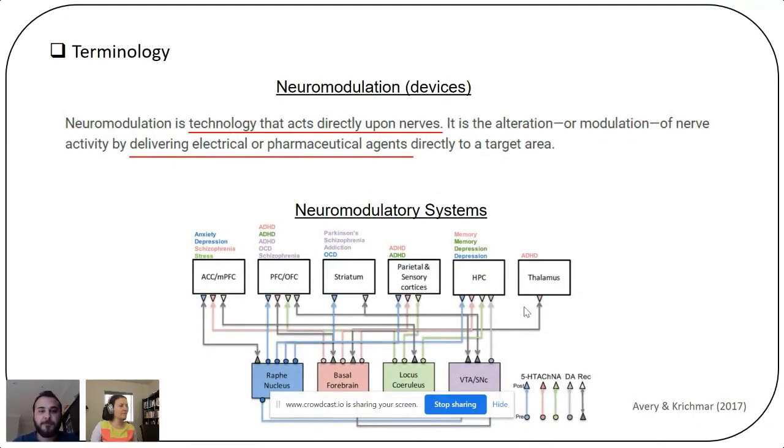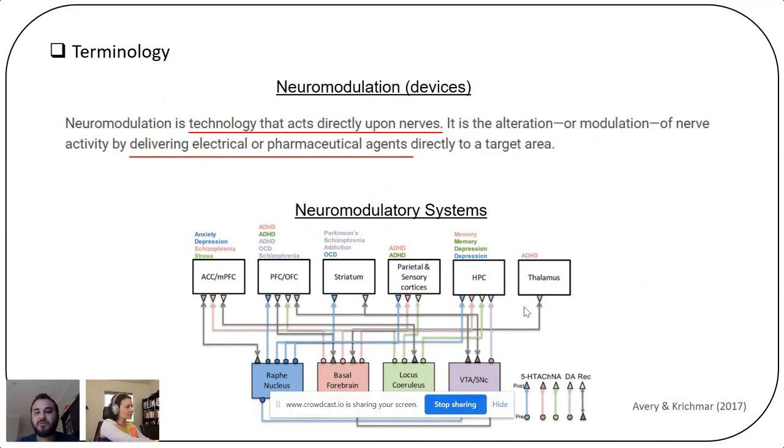Just to start, I wanted to give you this clarification for neuromodulation devices versus neuromodulatory systems that Andrea will talk about. Neuromodulation devices are technology that deliver electrical or pharmaceutical agents directly to a specific area, for instance, in the brain.